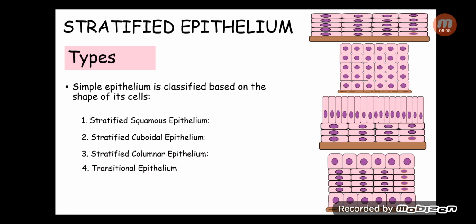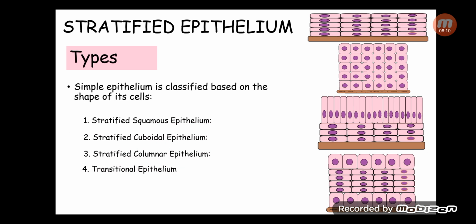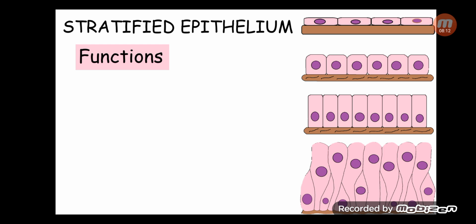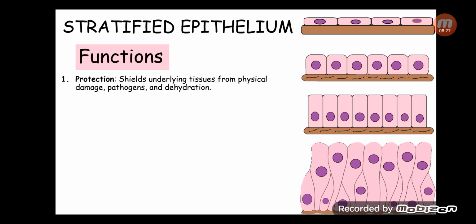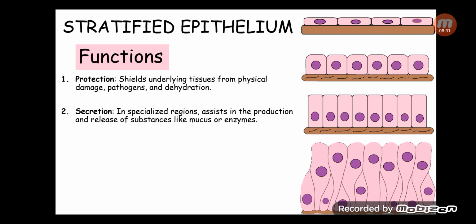So this was about the types of stratified epithelium, and we talked about what is the characteristic feature of each type, where they are located, and what is the function of that specific type. Now we will wrap up our topic by talking about the functions that are associated with stratified epithelium. They are protection, as they shield underlying tissue from physical damage, pathogens, and dehydration.